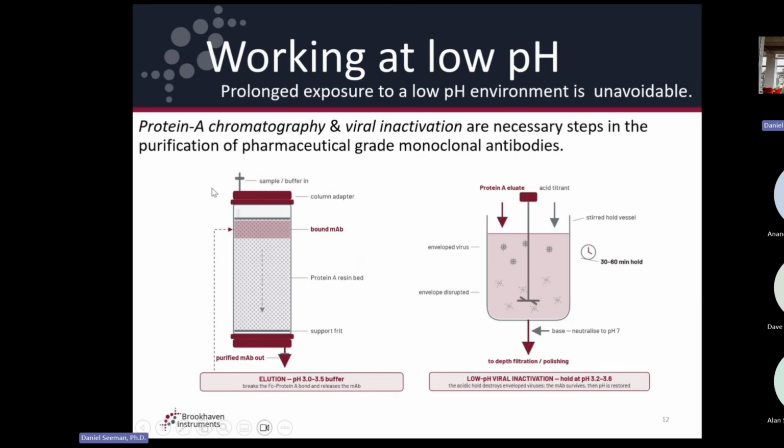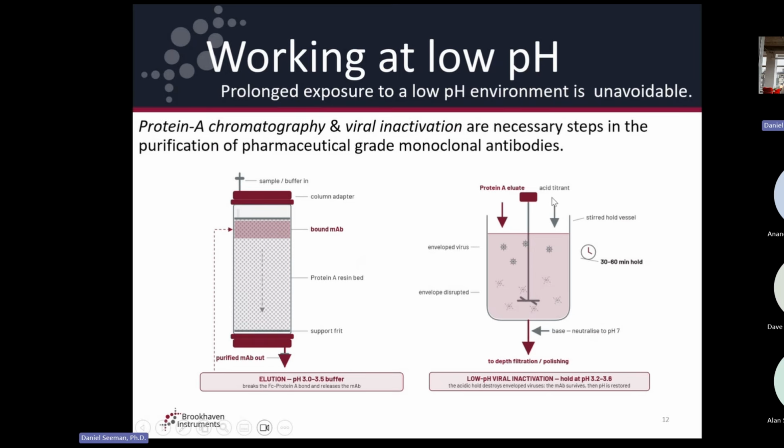So obviously protein A chromatography is an essential first step in the purification of any mAb, especially at industrial scale. It's an affinity resin, a very expensive affinity resin, and you basically concentrate your protein, and then once you've washed away all the impurities, you elute with a low pH buffer.